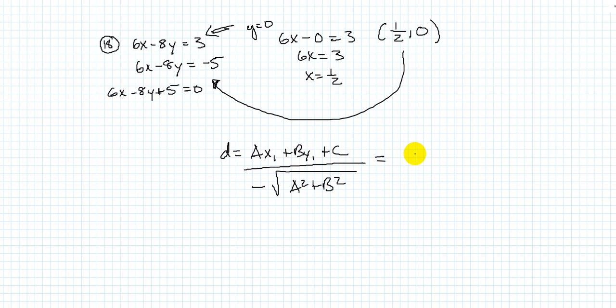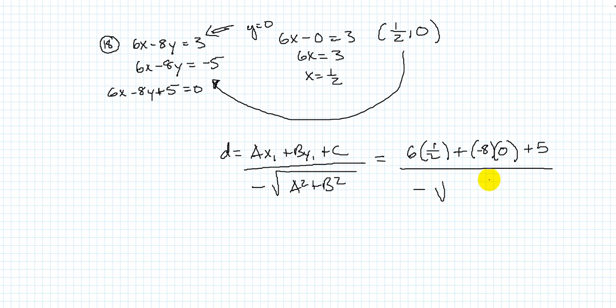So now we have 6 times 1/2 plus b, which is negative 8, but it's multiplied by 0, so that will cancel out, plus 5, all over the negative square root of 1/2 squared plus 0 squared. I'll write the squared anyway.